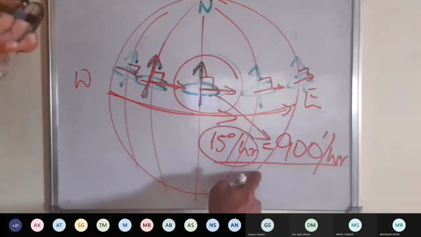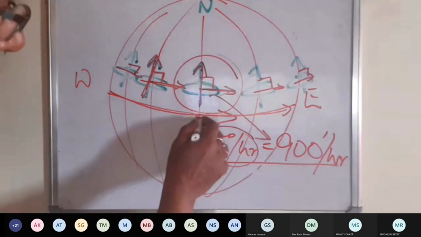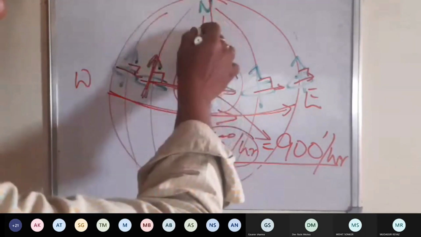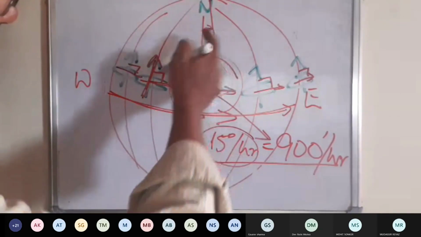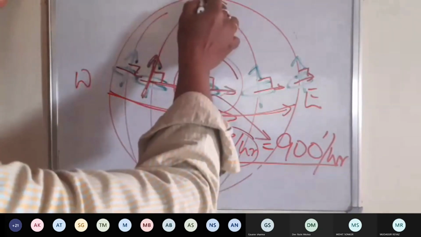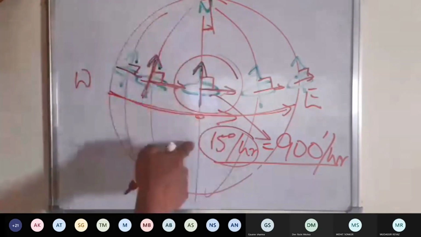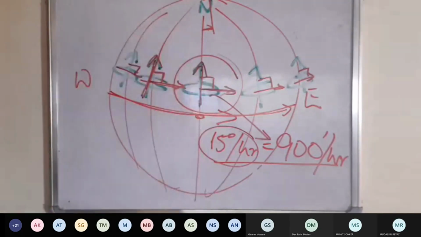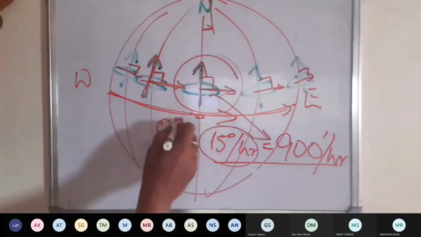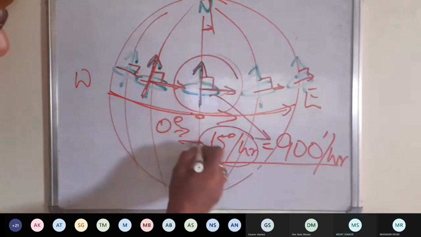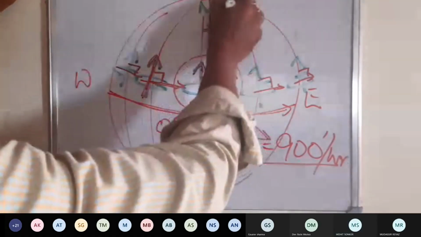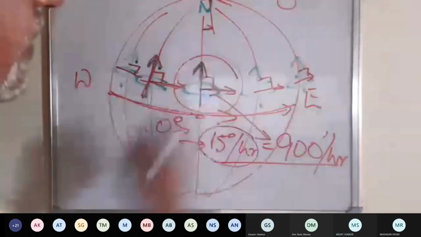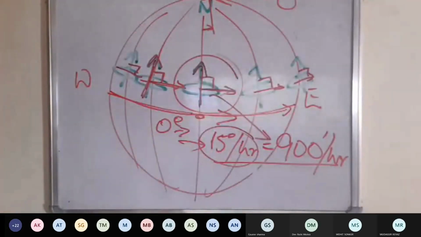But 15 degrees per hour at the equator, and 15 degrees per hour at this latitude and on the poles, will it be the same 900 all along, or is it going to be different? Different. That means at 0 degree latitude, this is maximum. At 90 degree latitude, it is 0. Is that correct or not?